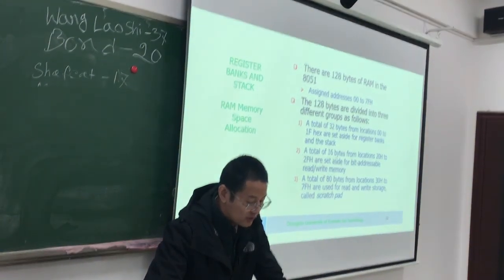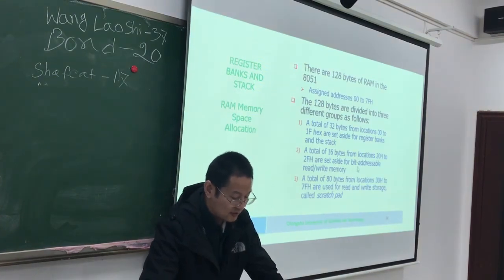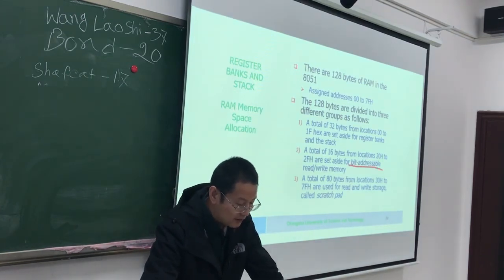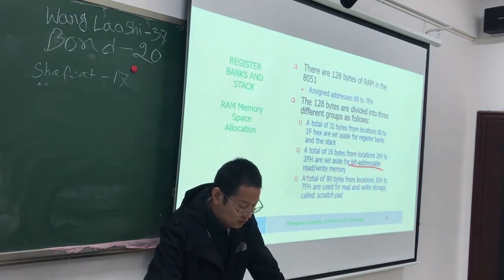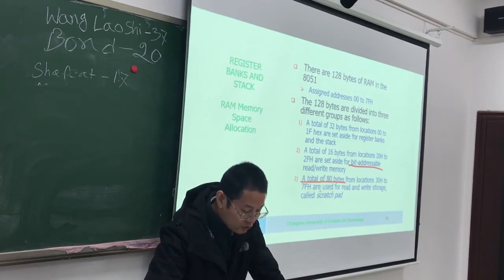A total of 16 bytes from location 20H to 2FH are set aside for bit address. This can be read and written. A total of 80 bytes from location 30H to 7FH are used for read and write storage.